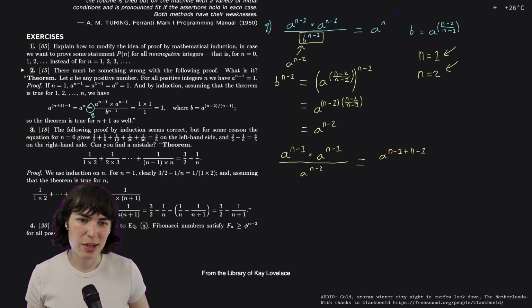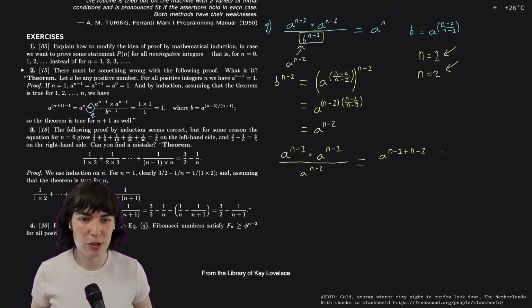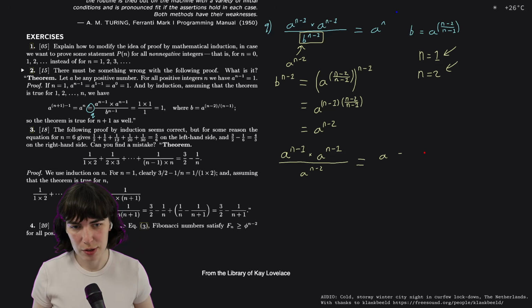This then simplifies out to be 2n. Let me just sort this out in my mind. 2n, so we've got 2 n's here, minus 2. So that's 2n minus 2.